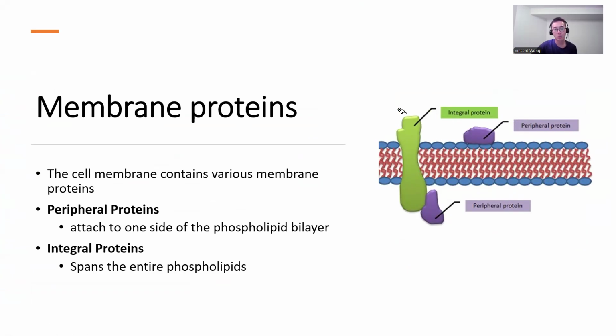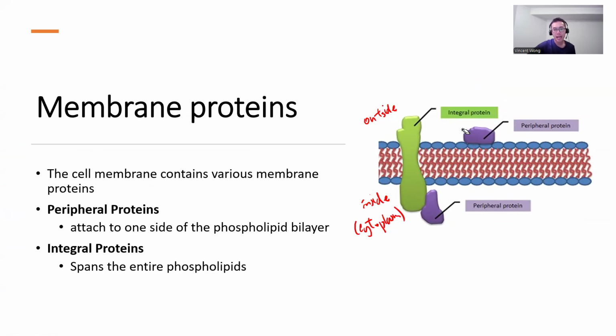The proteins that go all the way through, that span from the outside of the cell to the inside, the inside of course being the cytoplasm, are called integral proteins.